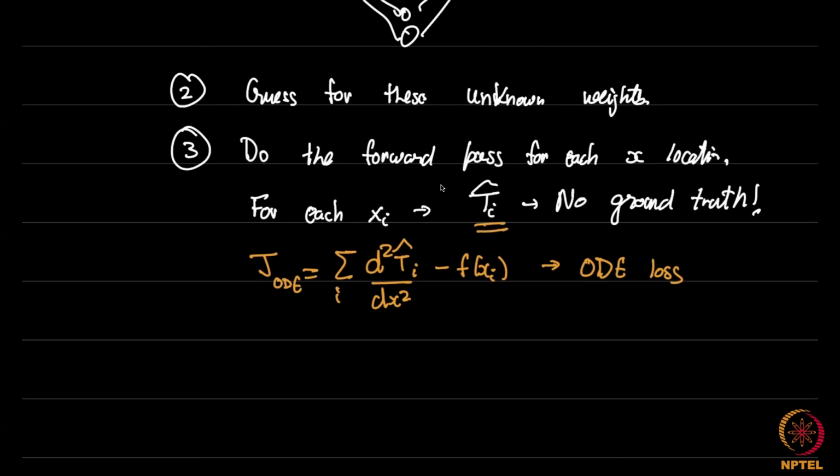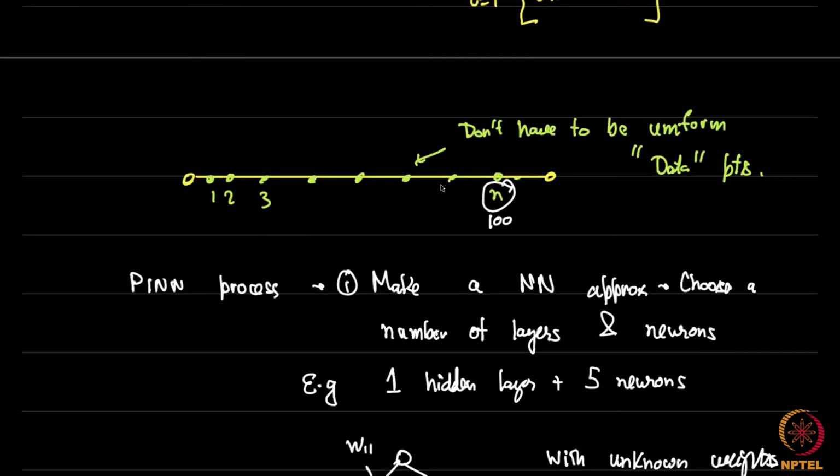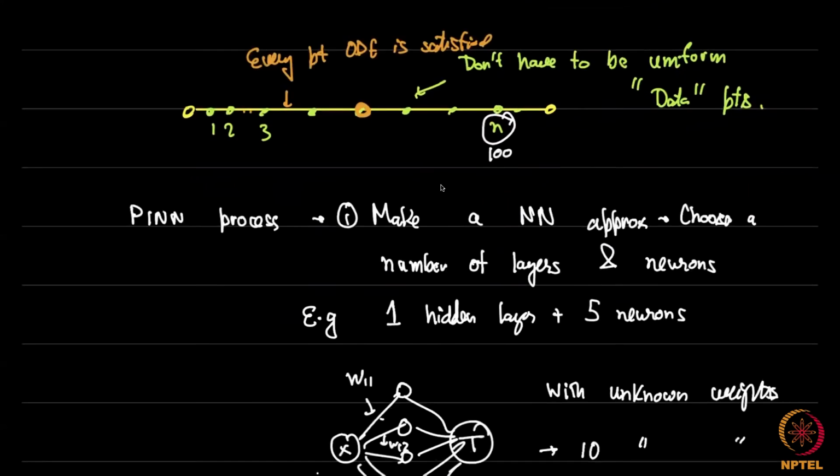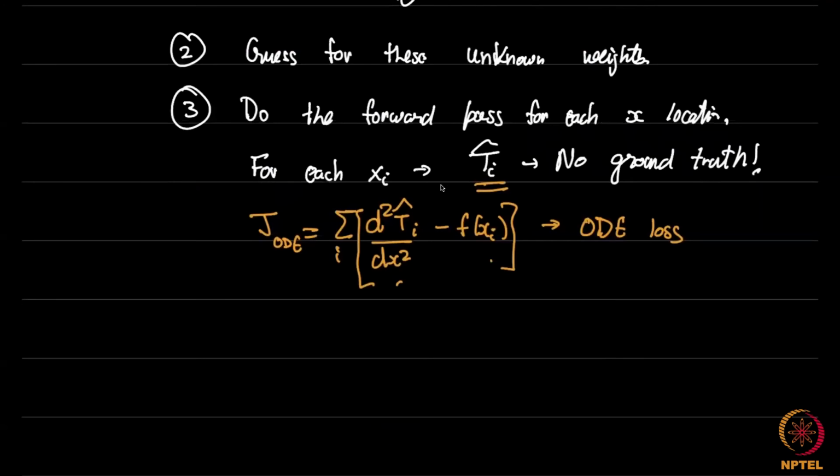Notice if you had the data there, you could have used it, but you don't have the data. But you do know one secret in this domain. It's not as if nothing is known about what happens here. We know that at every point, the ODE is satisfied. So regardless of where you sample, even if you don't know the temperature, you do know that the temperature satisfies a certain relationship, which is d square T dx square minus f of xi is supposed to be 0.